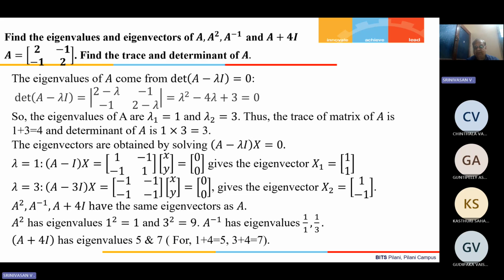And x2 will be the same, 1, minus 1. So what is the product now?